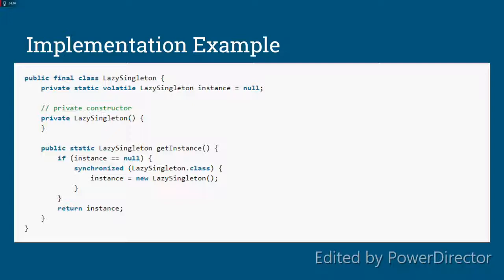Don't get too confused by that. That's just preventing multi-threading. It just throttles the access to the singleton so that it doesn't have multi-threading collisions, which we'll talk about a little bit later.